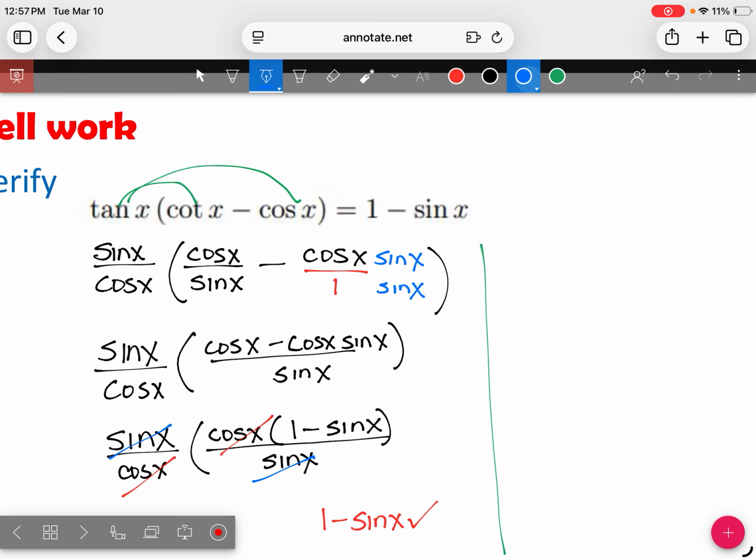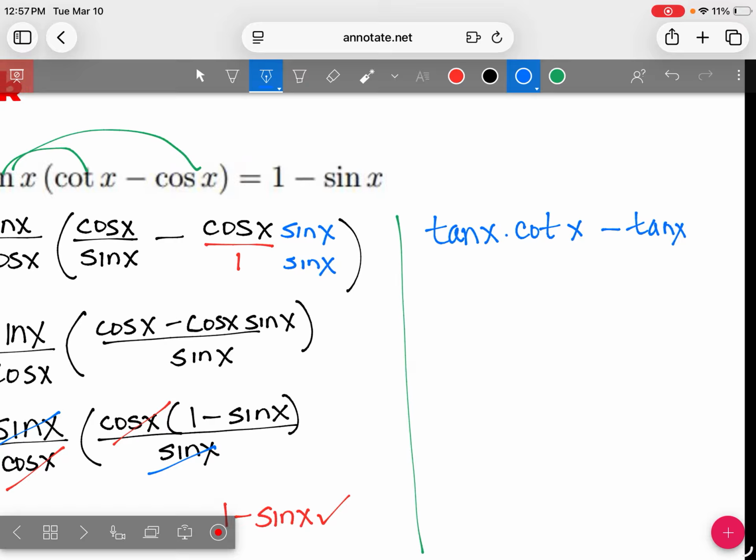And then that was 10 times cotangent minus 10 times cosine. And these are sisters, which I don't know if you remember what I said.